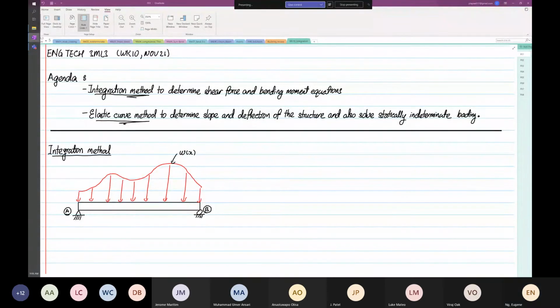Anyone? You can divide it into small pieces. Yep, that's a solution procedure. You can solve this by dividing into small pieces. You're absolutely right. But why is this difficult? Why do you have to divide this into small pieces?